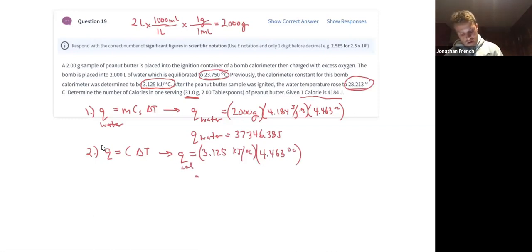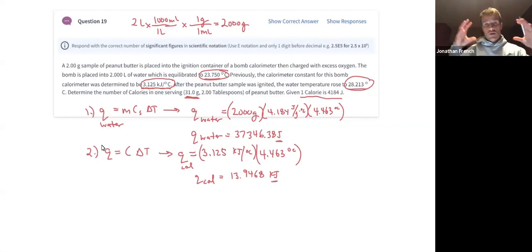So Q of the calorimeter is 4.463 times 3.125, and just be careful with units, about 13.9 kilojoules. I have joules here, I have kilojoules here.